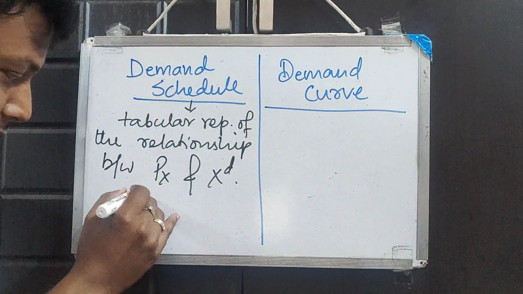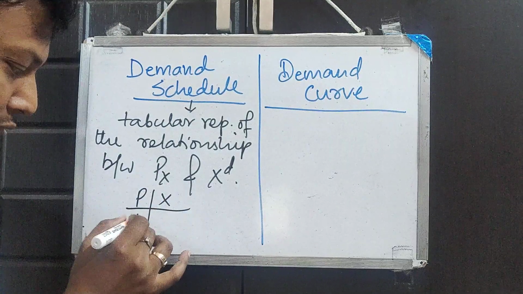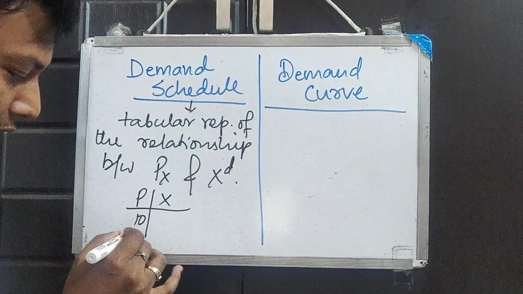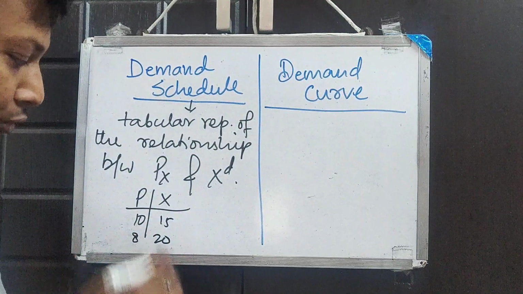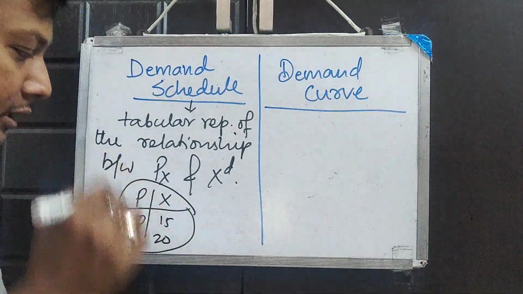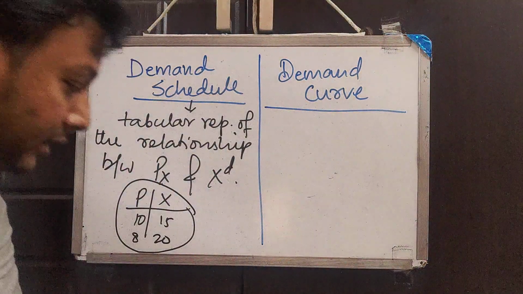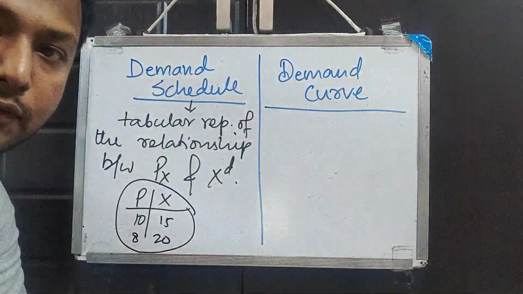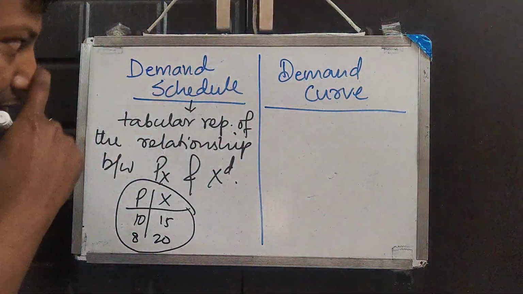Like 10, 8, 15, 8. So we are actually representing the inverse relationship between price and demand in the form of a table. That is called demand schedule.